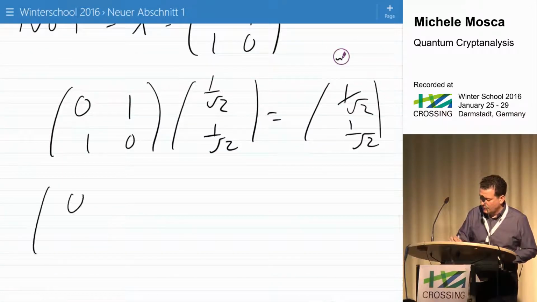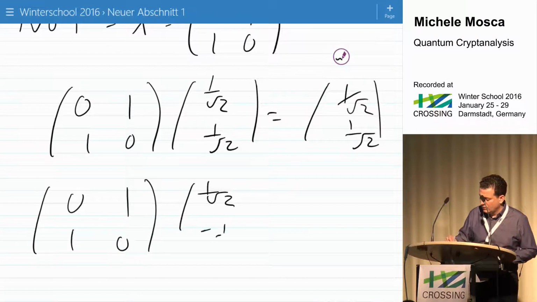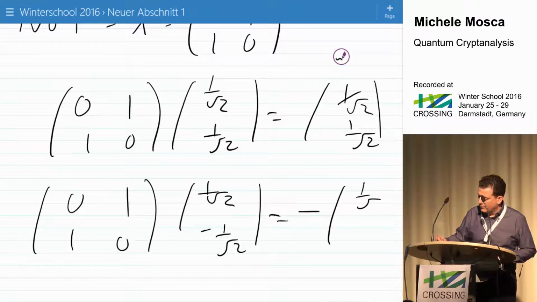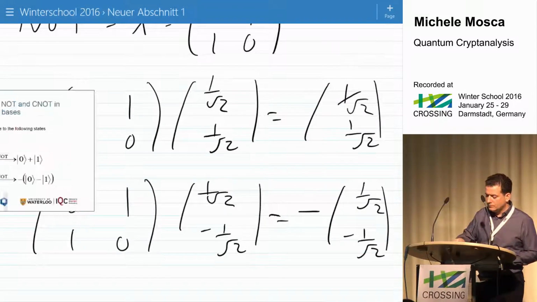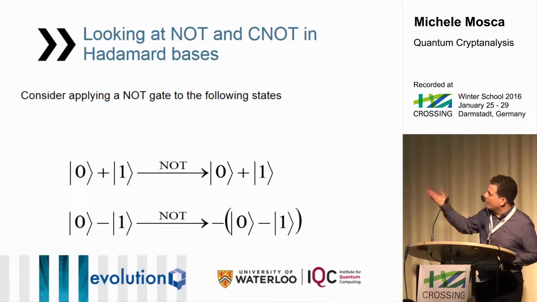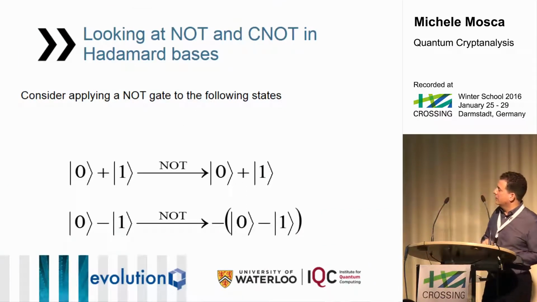And the other, if you multiply this, you can always factor out the minus 1. These really are the eigenvectors of this NOT gate with eigenvalues plus 1 and minus 1 respectively. This is just a way of writing it in the Dirac notation.